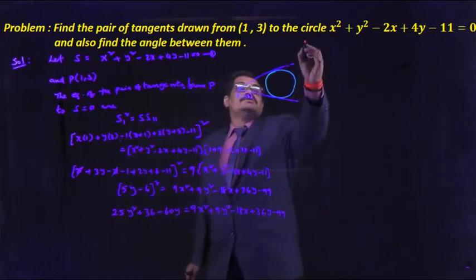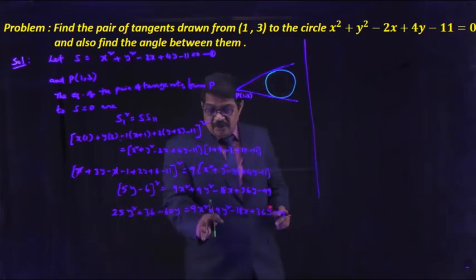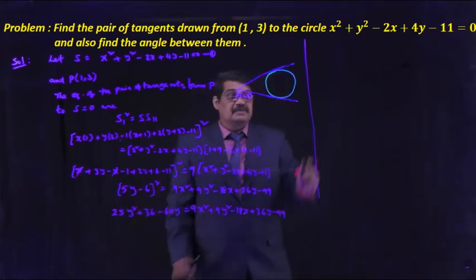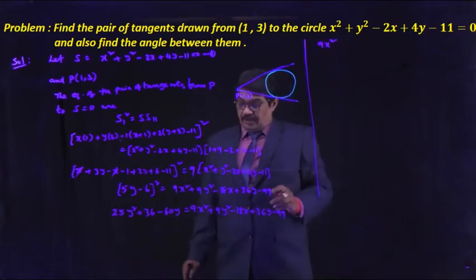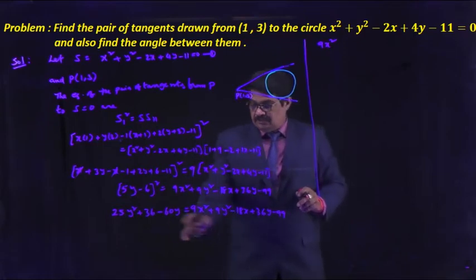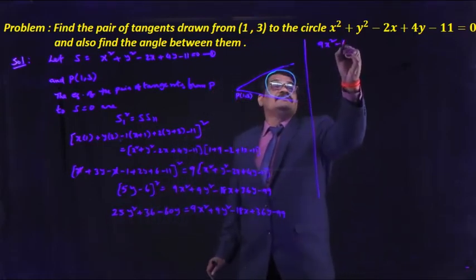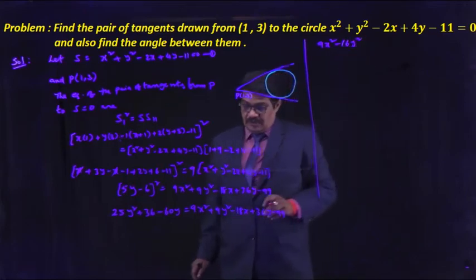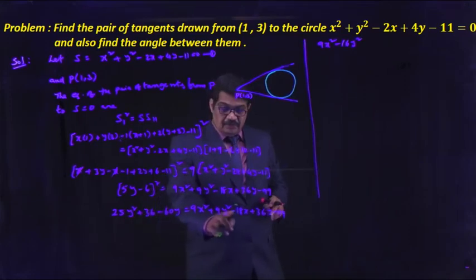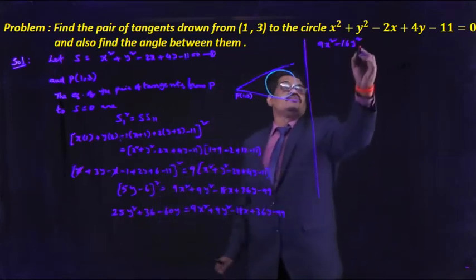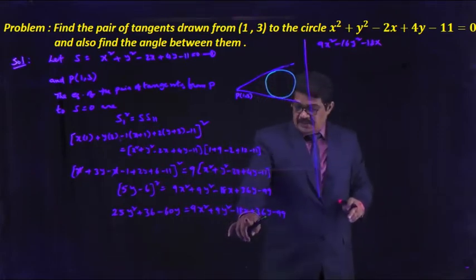Okay, now moving one side. Now these LHS terms moving to the RHS side. Here the x square term is 9x square. Here 9y square minus 25y square, that is minus 16y square. What is the x term here? Minus 18x.